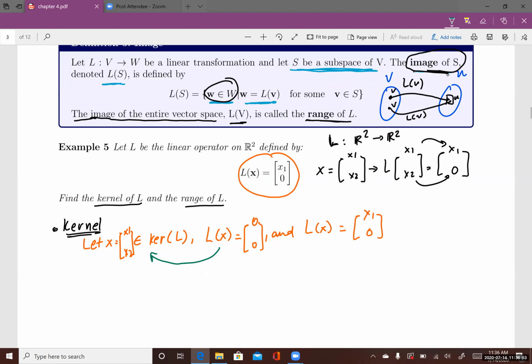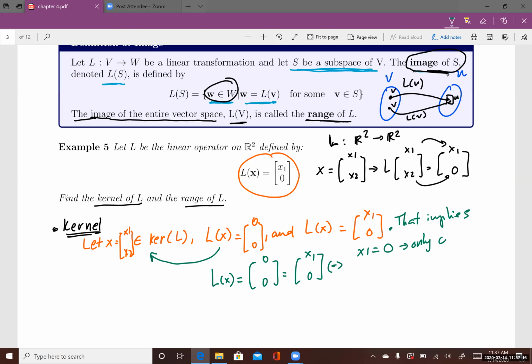By these two facts, (0, 0) equals (x1, 0), so that implies x1 equals 0, and x2 is the only other coordinate, and x2 can be any value.